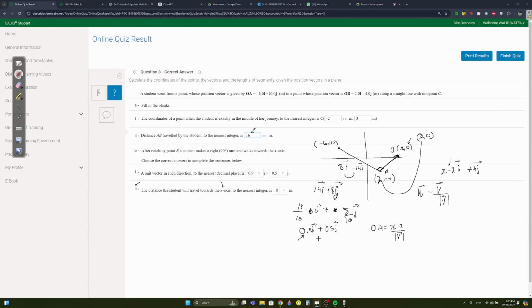Also, we know that 0.5, again unit vector, equals the vector, which is 4, over the magnitude of v. How do we find the magnitude of v? The magnitude of v will be 4 divided by 0.5, which is 8.